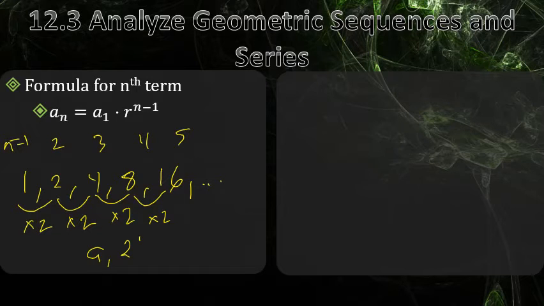So that was when n is 2. When n is 3, for the 4, that's a1 times 2 times 2. But that was the 3. Notice the exponents are 1 less than the n. The first one would be a1 times 2 to the 0. So the exponents are 1 less, hence the exponent is n minus 1.